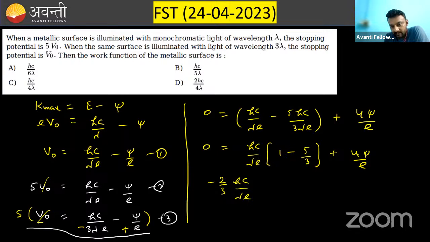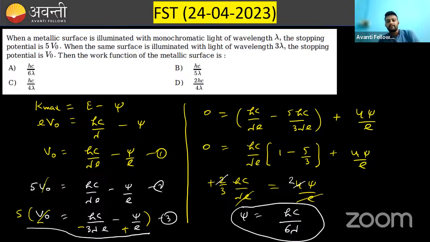If I bring this term to the left side, it will become positive, equal to 4 psi by e. e and e will be cancelled, 2 and 4 will be 2. So psi is equal to hc by 6 lambda.